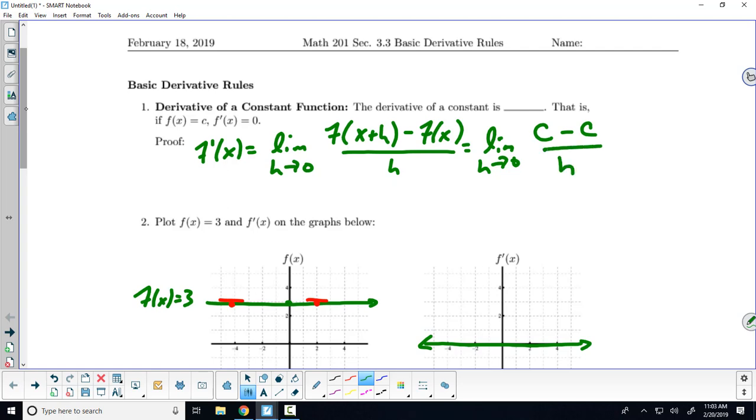Which is equal to the limit as h approaches 0 of 0 over h, which is equal to the limit as h approaches 0 of 0. h isn't 0, and 0 divided by any nonzero number is 0. What is the limit of a constant? It is just the constant. So, using the limit definition, we've proven that the derivative of a constant function is 0.